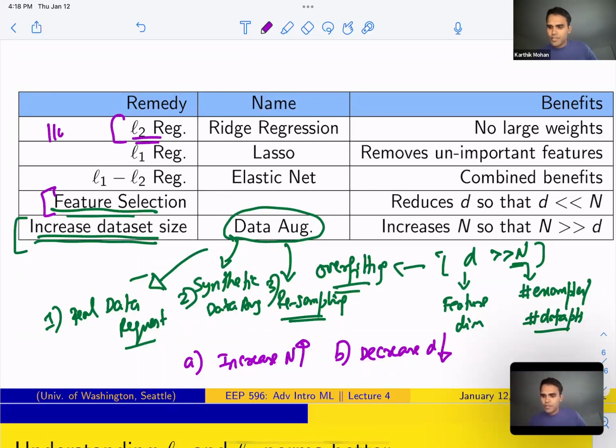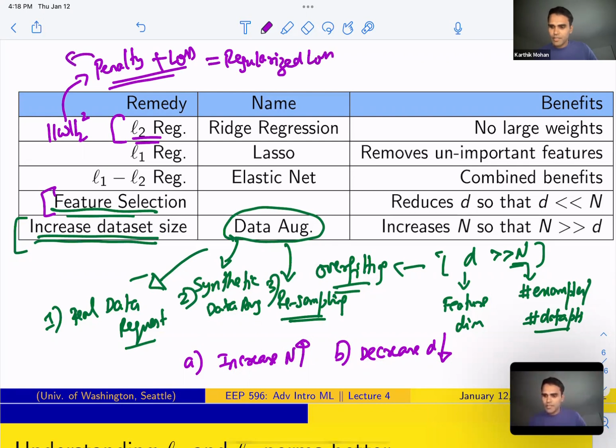That's called ridge regression, where you have this penalty that gets added to the loss function. This loss plus penalty is also called regularized loss. This penalty is actually the regularization, because you're regularizing the weights.